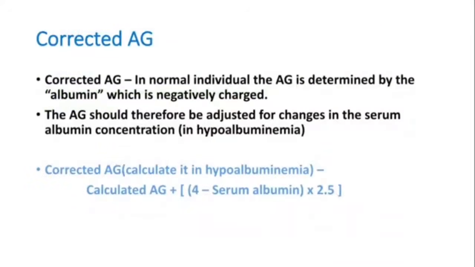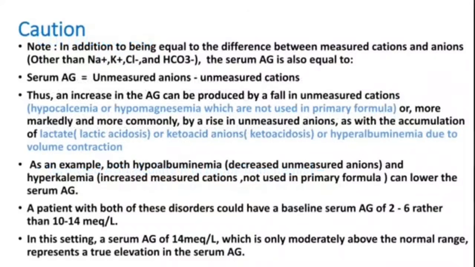So you have to correct the anion gap according to the albumin in hypoalbuminemia. The formula is like this. We have explained that in detail. Now whenever we have high anion gap acidosis, we have to observe some other things also. The serum anion gap is equal to the difference between measured cations and anions other than sodium, potassium, chloride and bicarbonate.